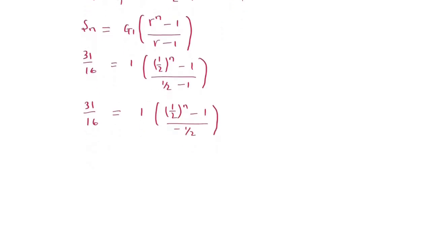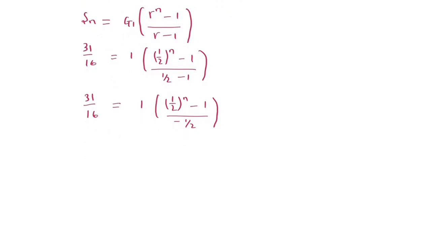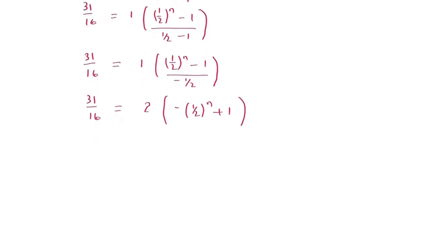Let us now simplify our right hand side. Then our equation is going to be 31/16 equals 2 in brackets negative 1/2 power n plus 1. Okay, so next let us divide by 2 both sides. Then our equation is going to be 31/32 equals negative 1/2 power n plus 1.